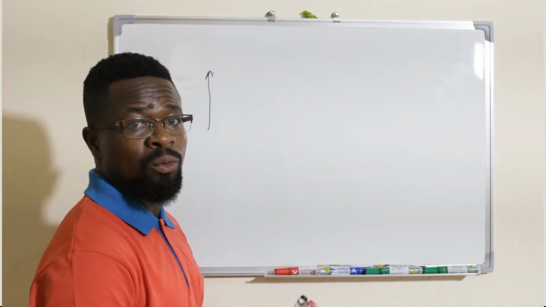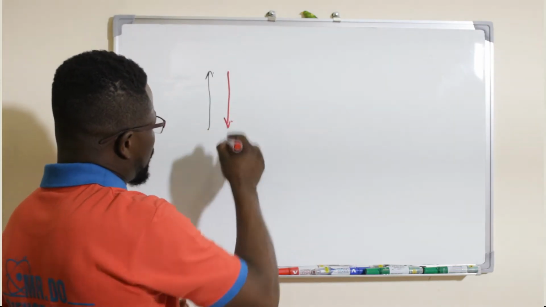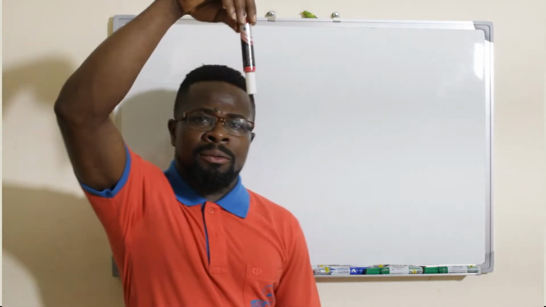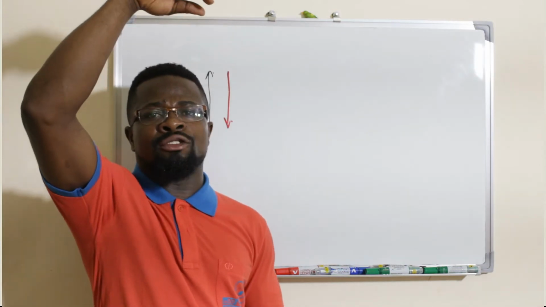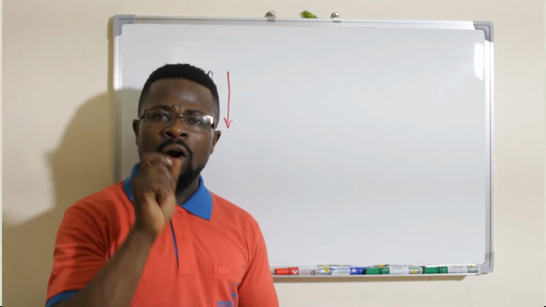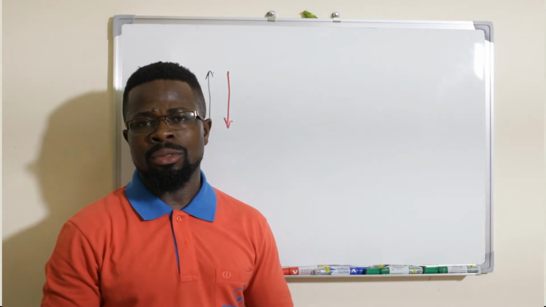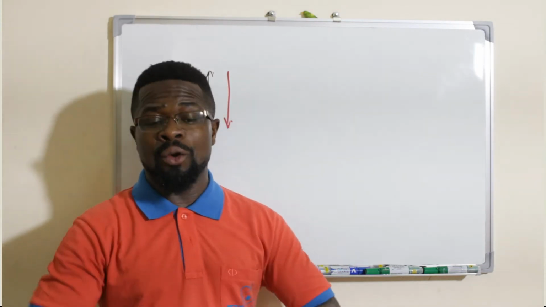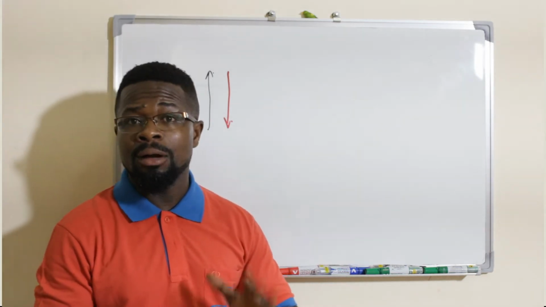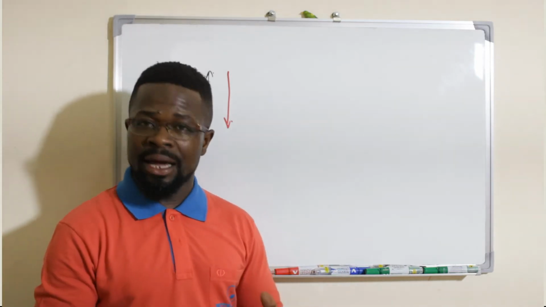In that case, we are dealing with a projectile motion. If an object is dropped from a certain height, I hold it and then I drop it like this, we are still speaking of a projectile, because the only force that is acting on the object is the force of gravity. So that is the kind of thing that we are going to look at in this particular session. We're going to deal with calculations on how to solve problems like this.